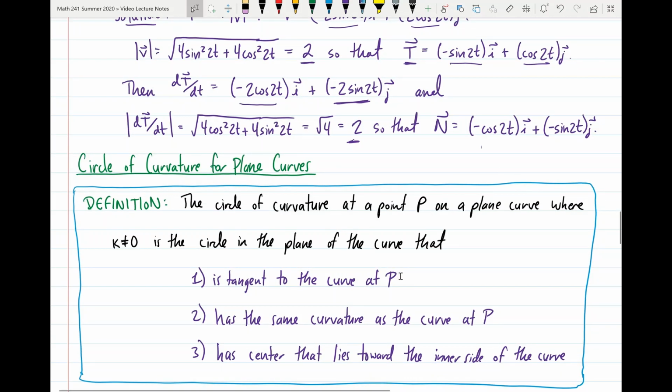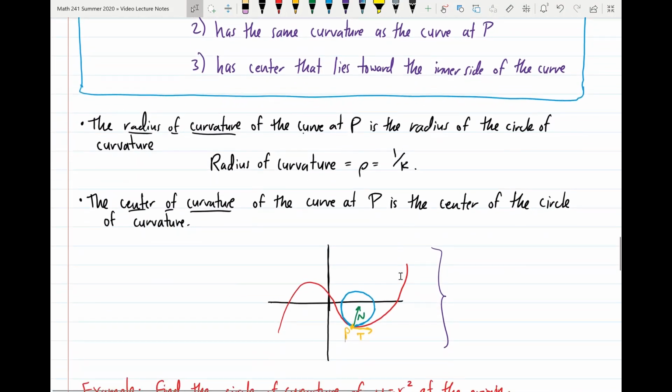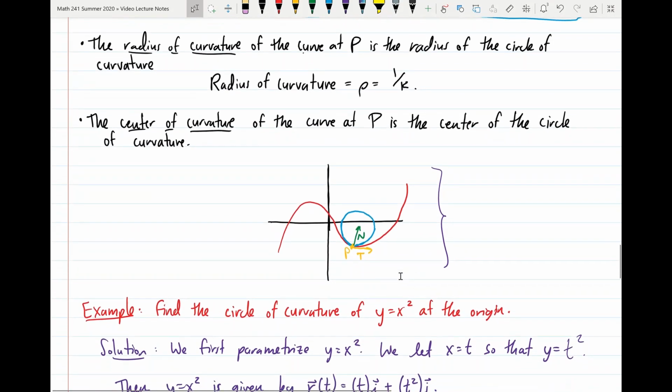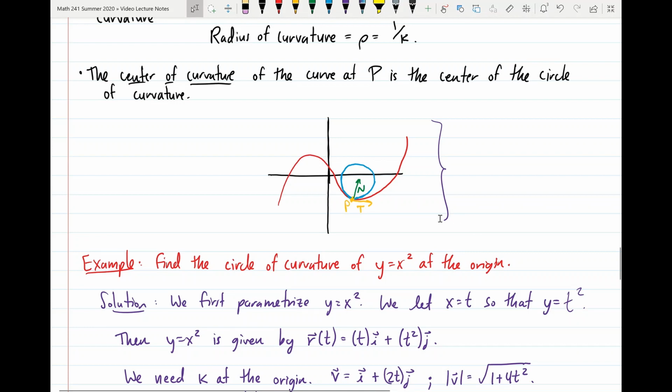So now we want to move into the idea of a circle of curvature for a curve in the plane at different points. And instead of starting with the definition, it's probably best to go down to the diagram, or the picture, explaining what's going on. We'll get an intuition and then go back up to the definition.